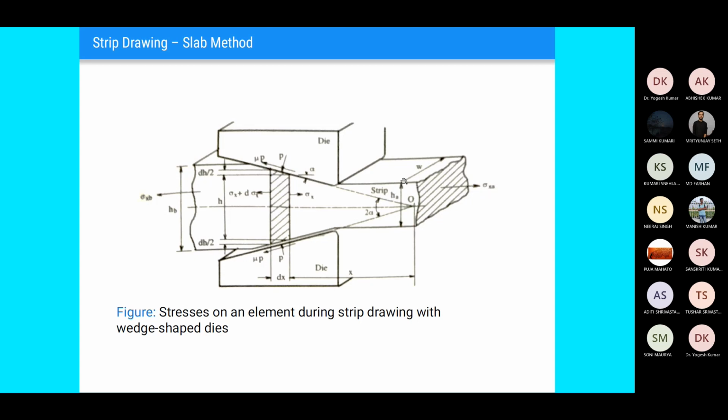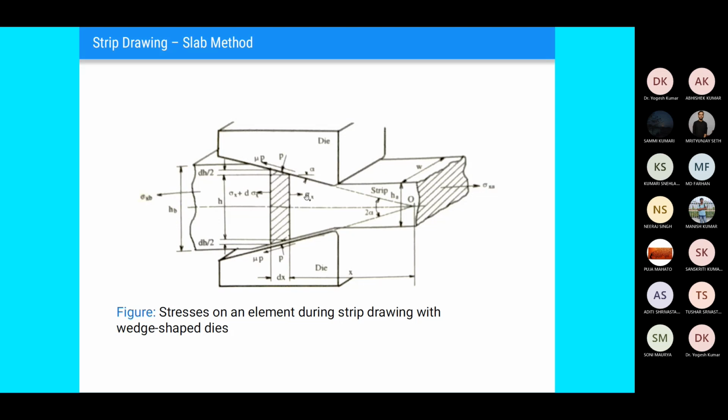And when you compare your W, that is the width of this metal strip, it is very high as compared to your thickness at entry level and at exit point.